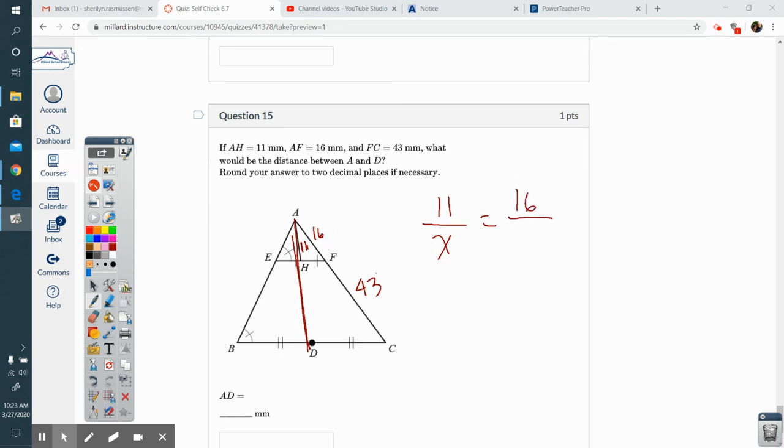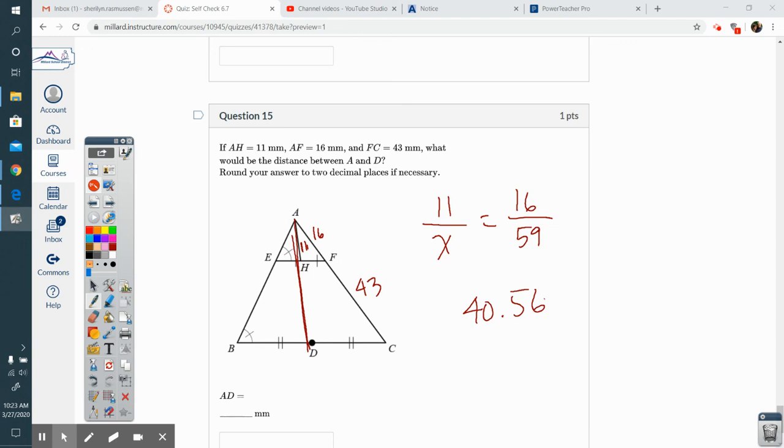Add those together and it's 59. 16 and 43, 59. So multiply 59 times 11 divided by 16 is equal to 40.56.